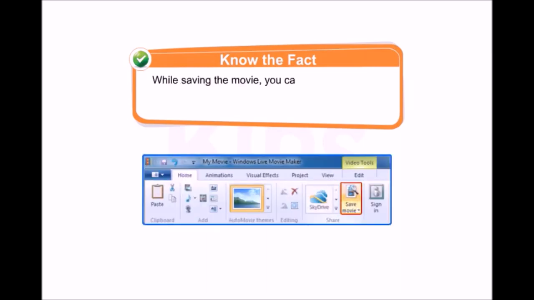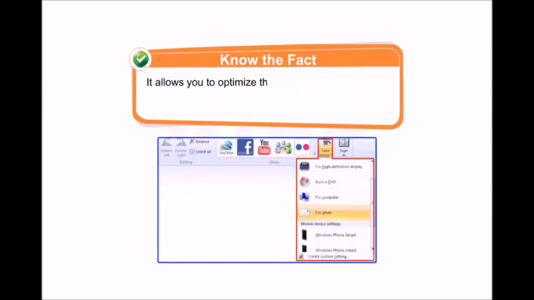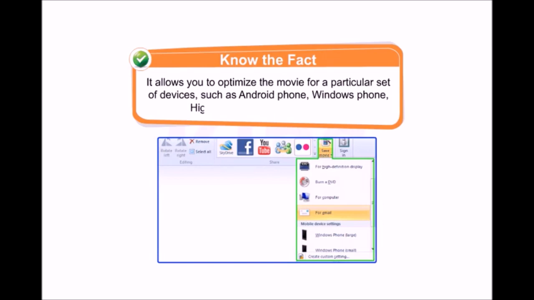Students know the fact that while saving the movie, you can choose the output settings by clicking on the arrow present on the Save Movie button. It allows you to optimize the movie for a particular set of devices such as Android phone, Windows phone, high definition display, email, etc.